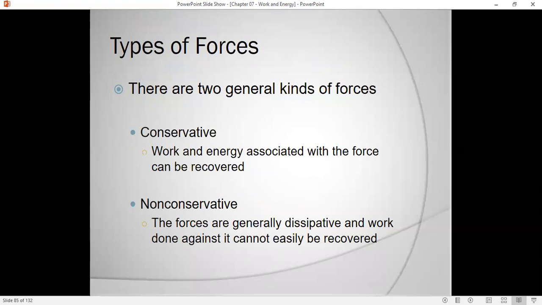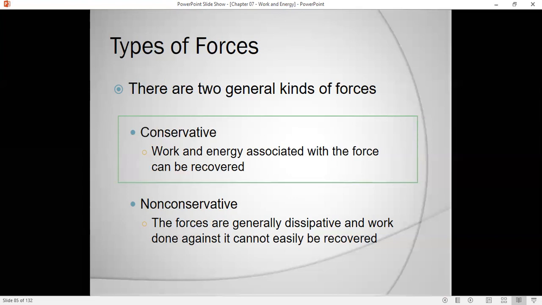Okay, time to do a little aside here. There are basically two types of forces. There are forces we call conservative. I'm going to treat these a little bit differently. In these cases, we say that the work or energy can be recovered. Conservative forces include things like gravity.